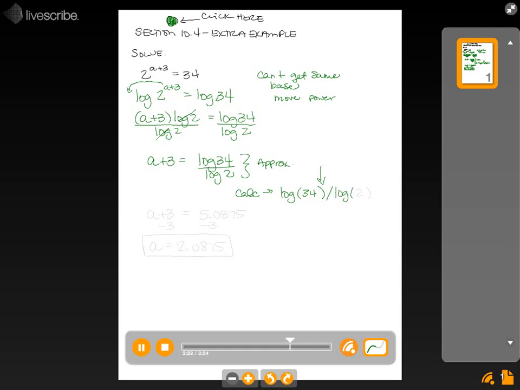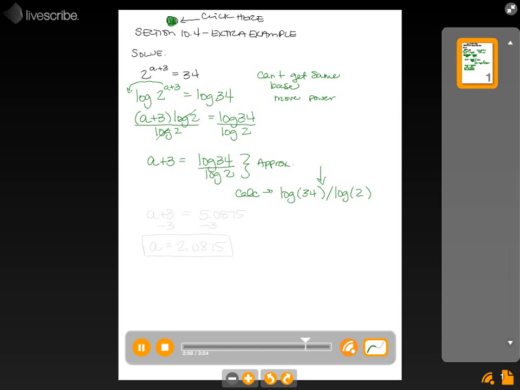And then log opens it again, 2. The reason you need to make sure you close the parentheses, if you don't, it's going to take the log of 34 divided by 2. It's going to think that the parentheses are still left open, so everything after that open set of parentheses gets the log taken of. Okay? So you need to make sure you close it so that you can divide by it.